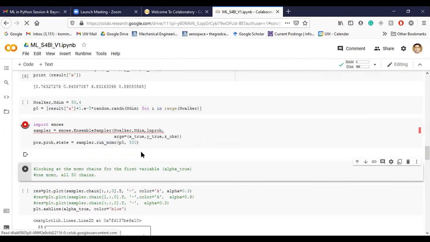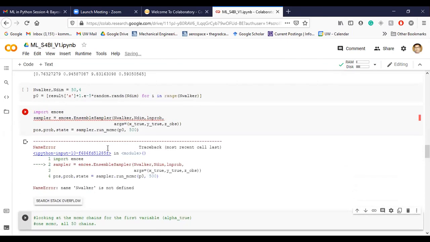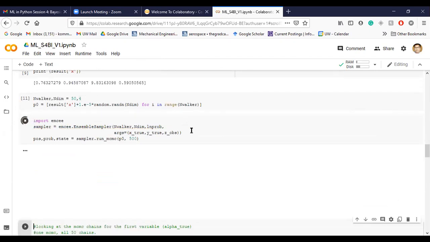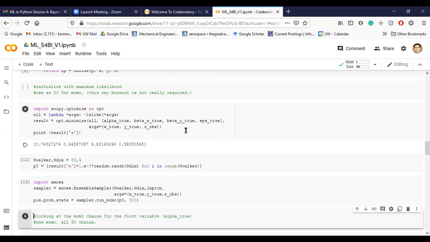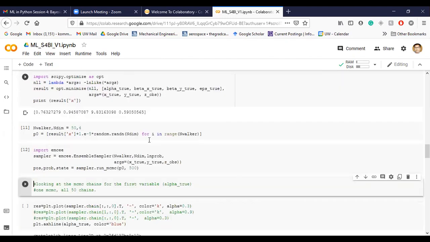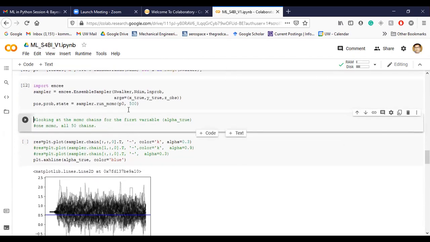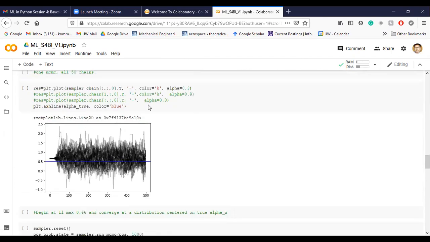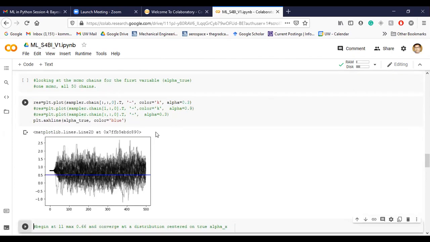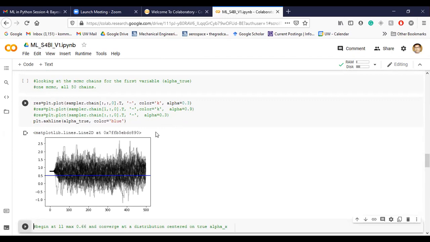Okay, let's see how long it will take. Okay, that was pretty quick, and we have all these chains of Markov chains. So let's see what the Markov chains look like. The Markov chains go in all the 4 dimensions.